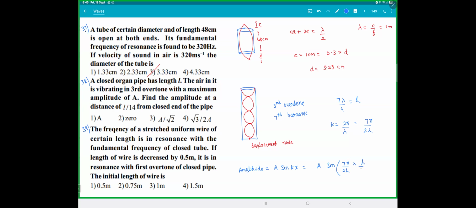And x is L by 14. That gives A by root 2. Making sense what you're doing? So you need to get the lambda, then use your equation.